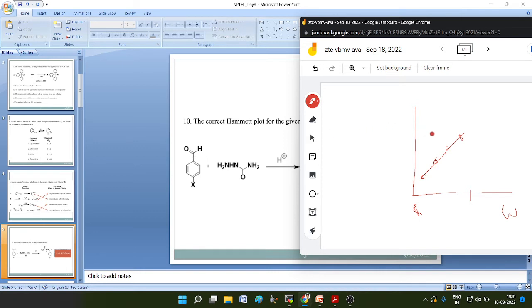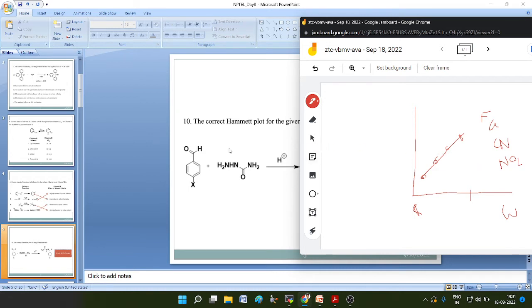Okay. Now what happens once you come to the other side, let's say electron withdrawing groups. For electron withdrawing groups, we can think of simple fluoro or simple chloro substitution, and then cyano group, or we can think of nitro group. Now what happens when you have an electron withdrawing group?